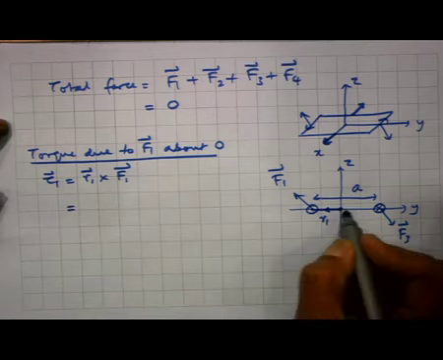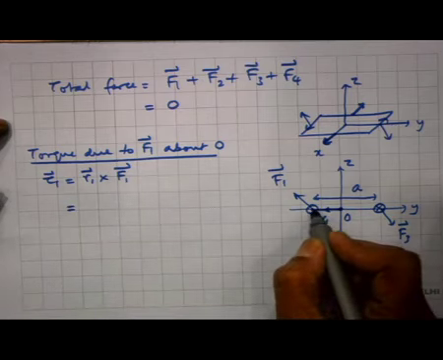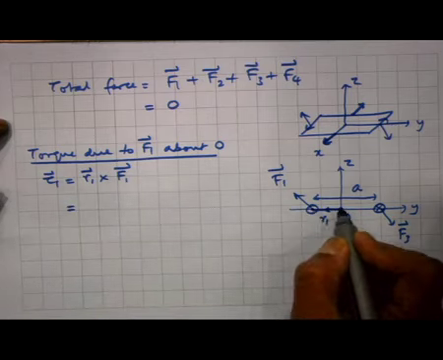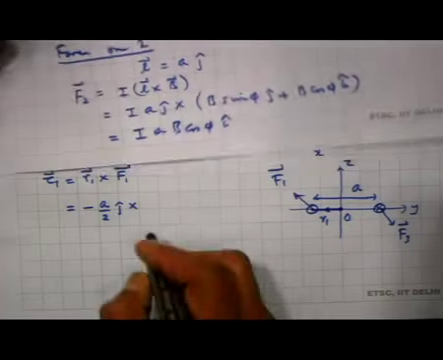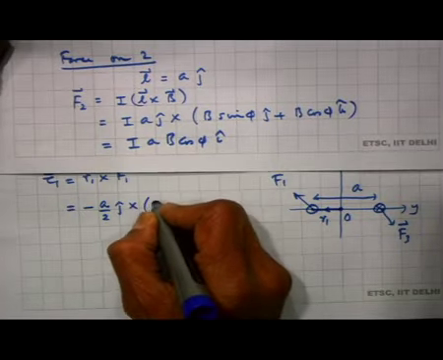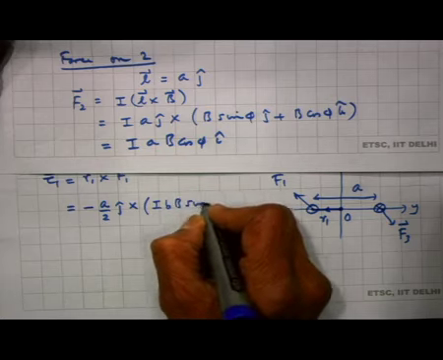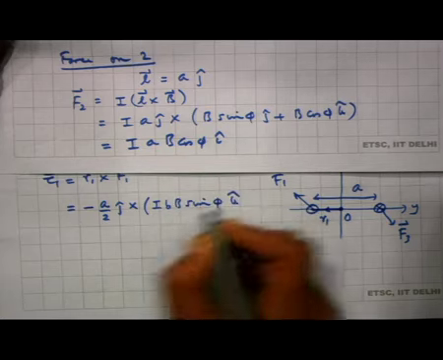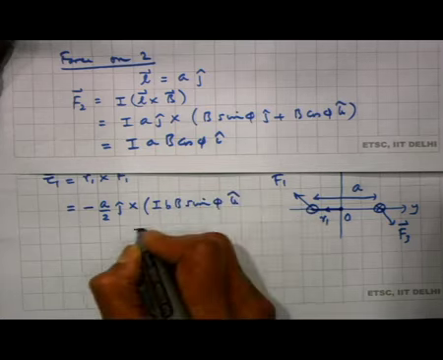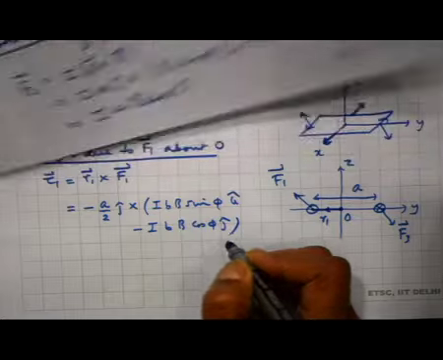Now, r 1 has a length a by 2 and is oriented along the minus y cap direction. So, minus a by 2 j cap cross F 1, and we have calculated F 1 before, the expression is here. So, let me substitute the expression for F 1: I b b sin phi k cap minus I b b cos phi j cap.